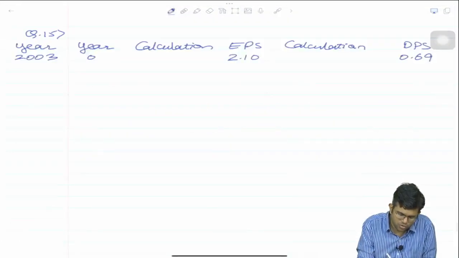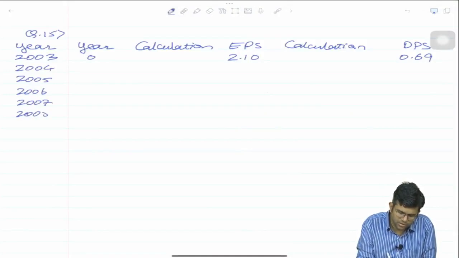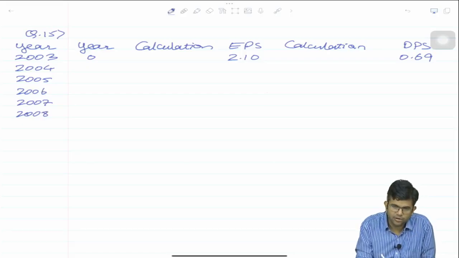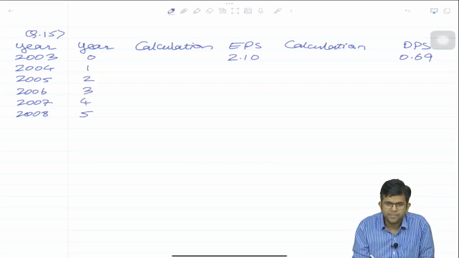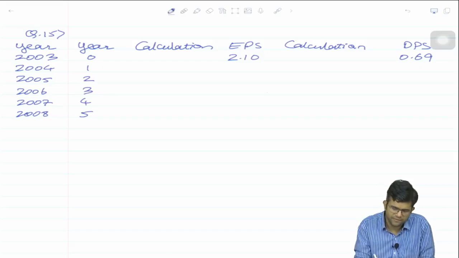So, 2004, 2005, 2006, 2007, 2008. Can I say for me, this is coming year 1, 2, 3, 4 and 5. Everybody clear? And in these years the EPS is expected to increase at the rate of 15%.